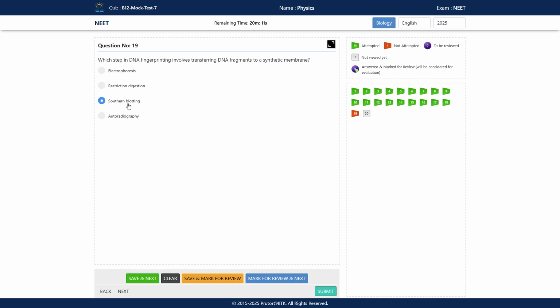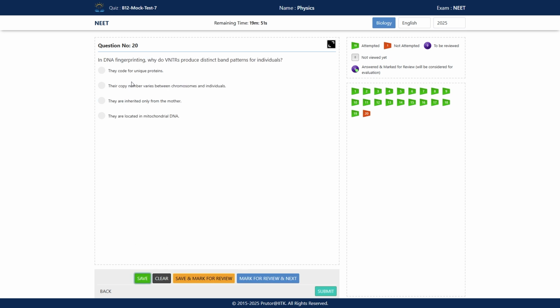Option number C will be the correct answer, Southern blotting. In Southern blotting, the DNA fragments are transferred to the synthetic membrane, like nitrocellulose membrane. Clear?